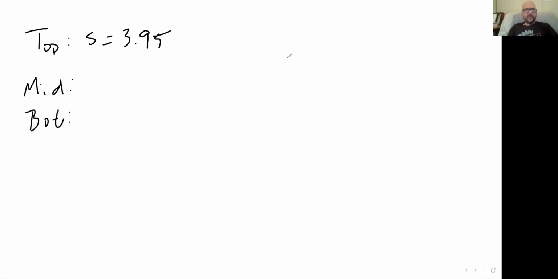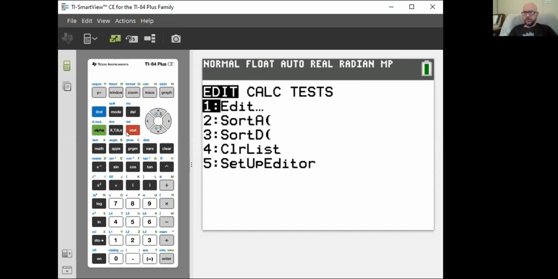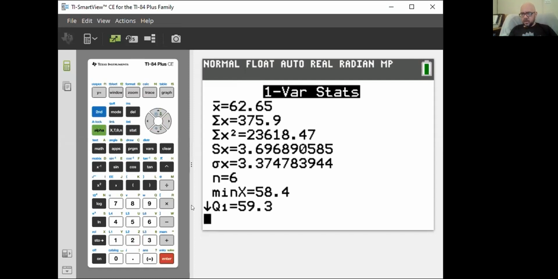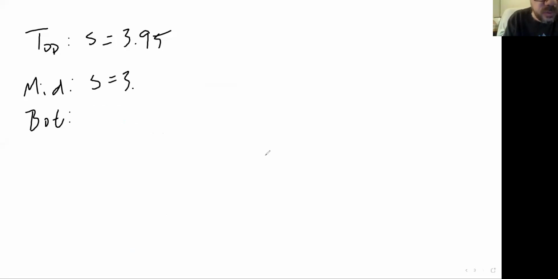Let's go find those real quick. Calc, 1 variable stats, L2. That one was 3.69, 3.70 for rounding properly. S equals 3.70.